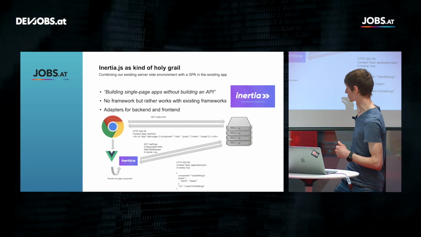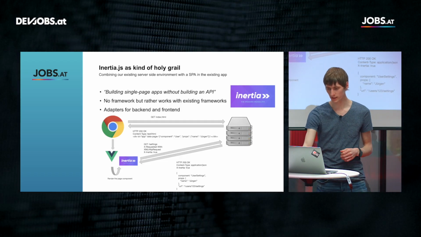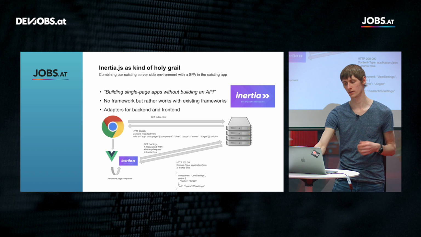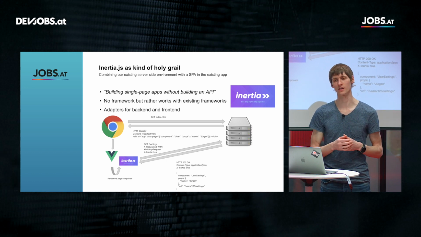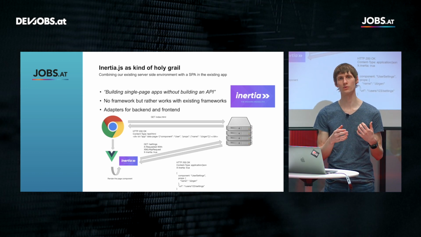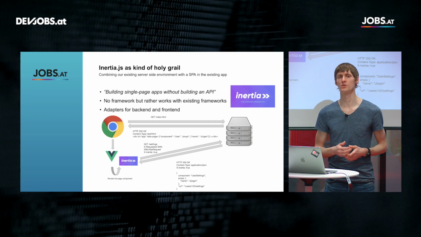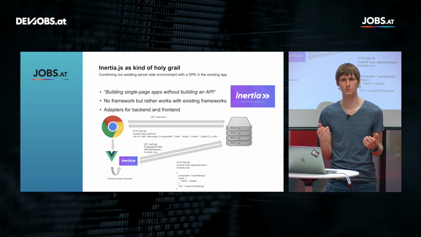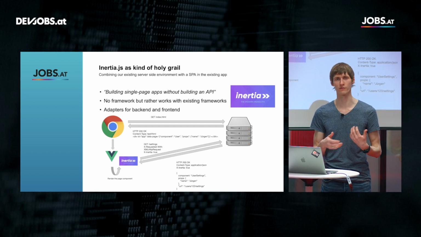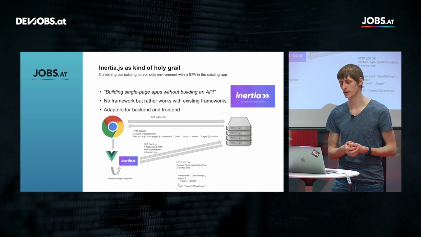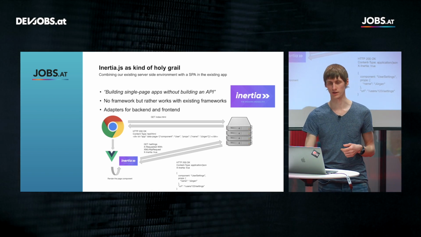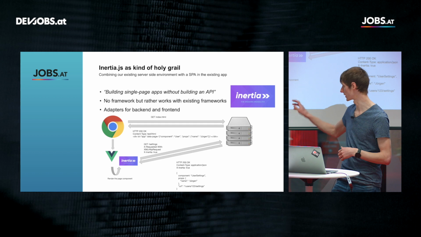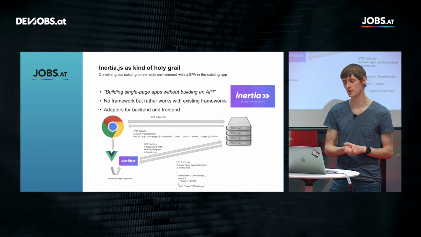And this is now transferred back again. And Inertia reads this and then knows, hey, okay, I need to render a new component. So it automatically more or less mimics the client-side routing you would have to do on your own, and switches the components. So that's why it re-renders only this portion.